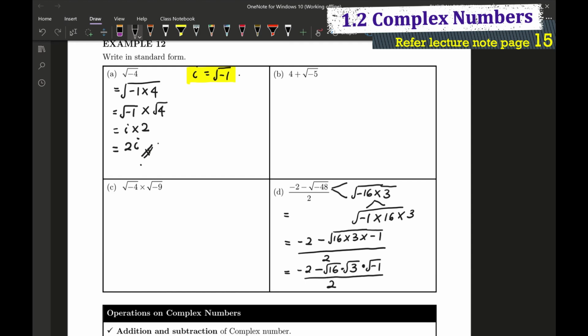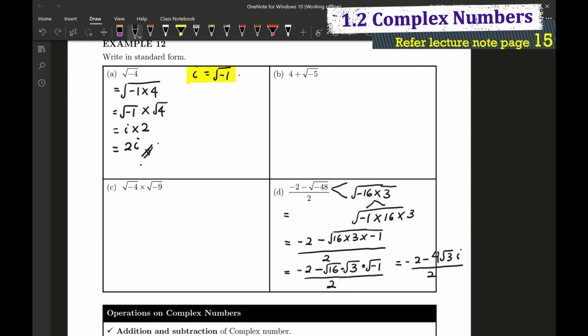I don't have enough space here, but it's okay as long as you can understand what I mean. We have here 4 square root of 3 i over 2.